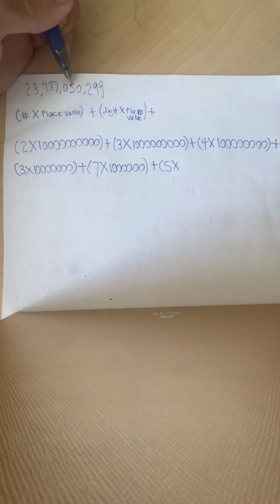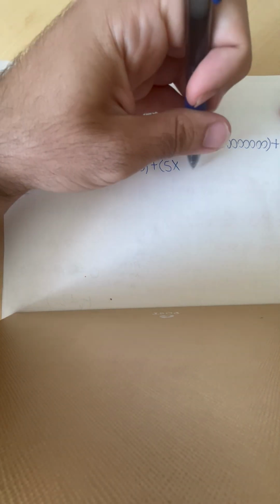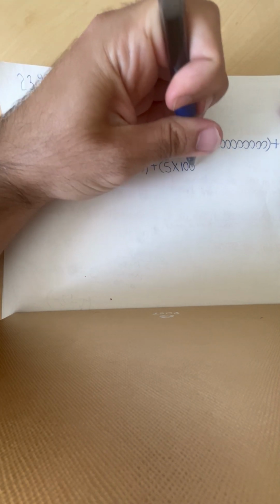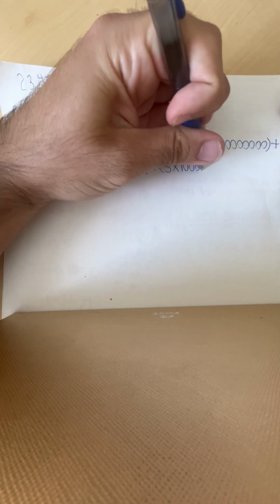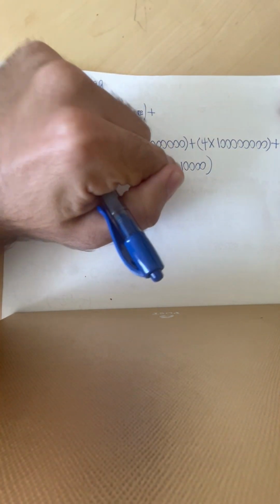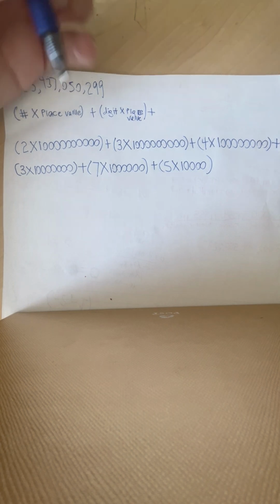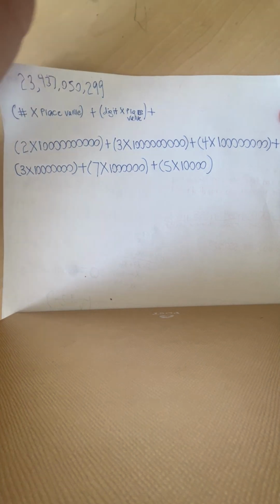The place value of this 5 appears to be 10,000. So I'm going to write 10,000 right here. How would I write that? Here's 10, 100, 1,000, 10,000. 5 times 10,000. All right, here's a 0. So we ignore it. If you see a 0, you don't have to do anything. You just go to the next non-zero digit.